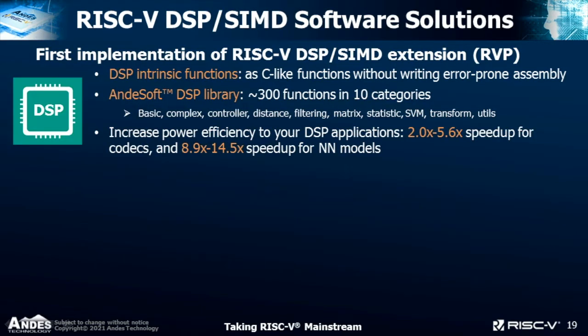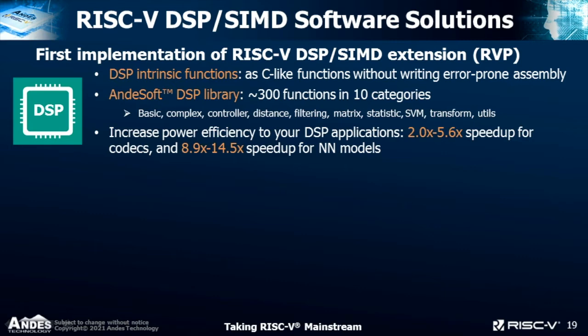Andes has implemented the first RISC-V DSP/SIMD extension processors, RVP for short. We also lead the RVP task group, contribute our knowledge, and consolidate the standard with the RISC-V community. For RISC-V P extension programming, there are intrinsic functions, C-like functions without writing error-prone assembly.